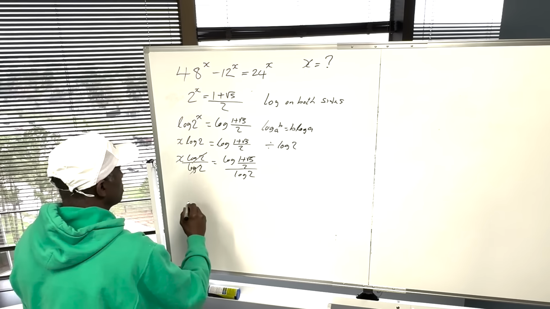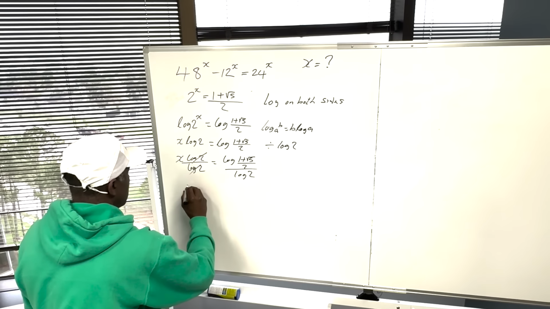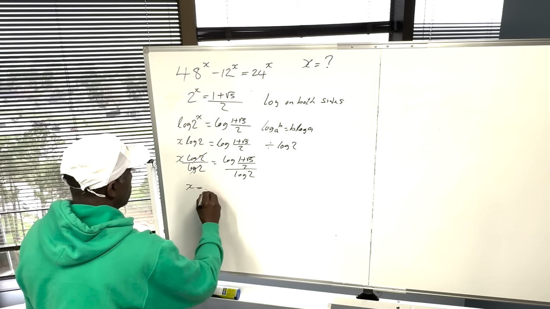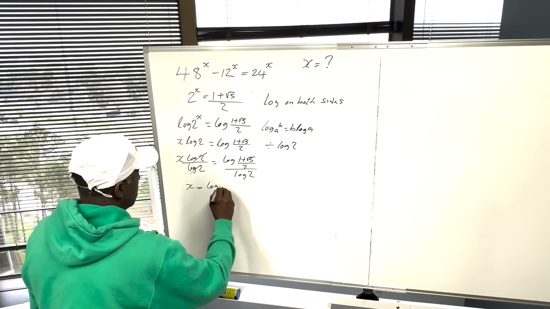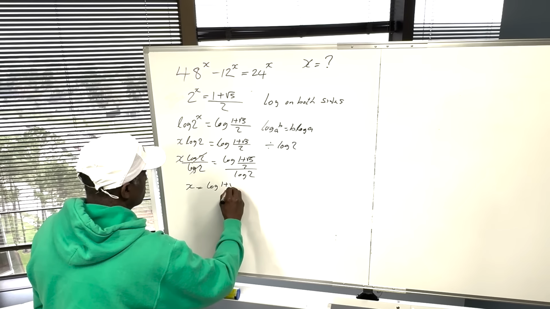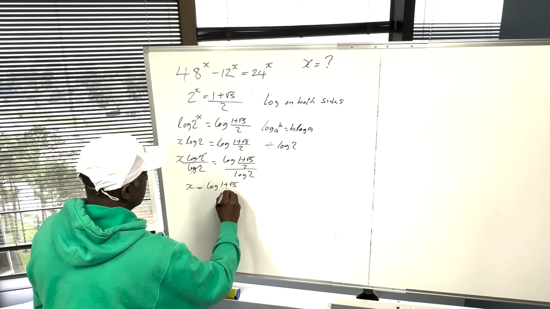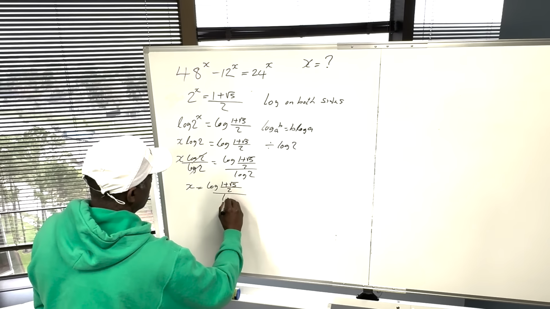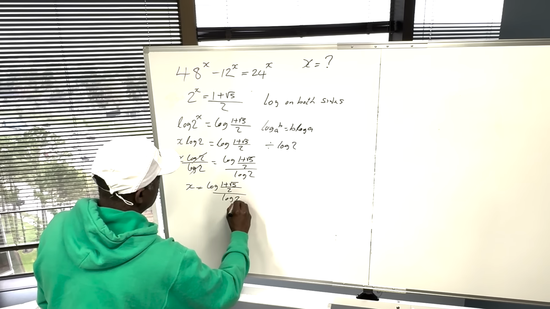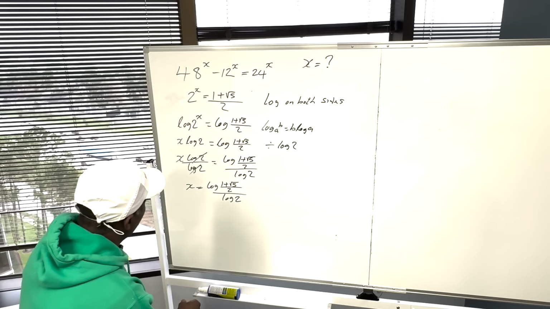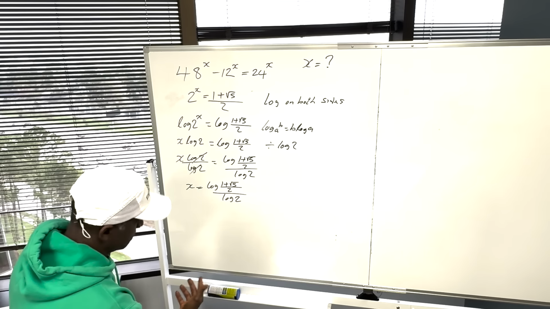This cancels out, so we know that x is equal to log of 1 plus square root of 5 over 2, divided by log of 2. I think we can simplify that even further.